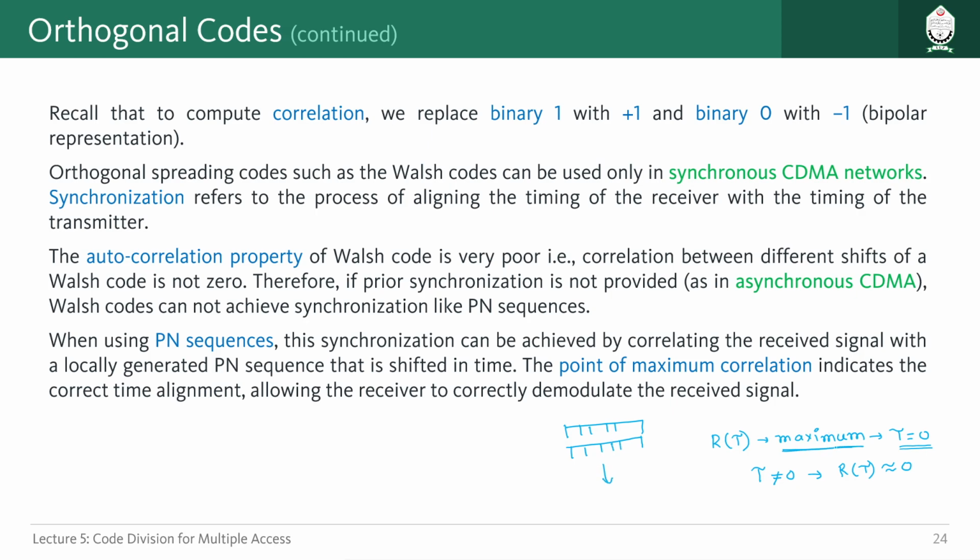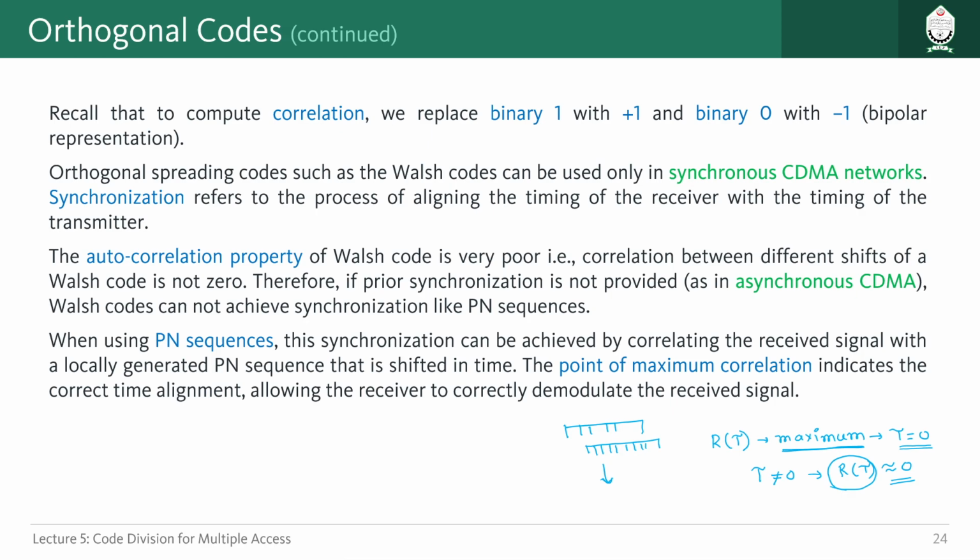And if I shift one of them, you see, an identical signal but shifted in time, then if you take the correlation, R of tau for some finite value of tau should result in a value of 0 for PN sequences, for any random signals, ideally.